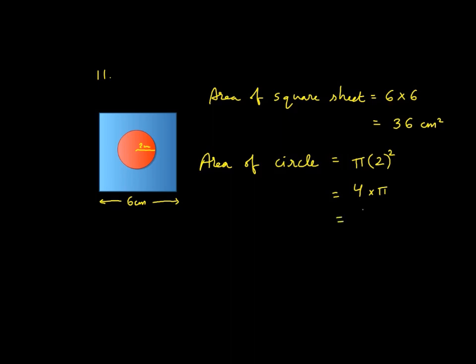We'll take the value of pi as 3.14. So area of this circle is 4 into 3.14, which comes out to be 12.56 centimeters square.